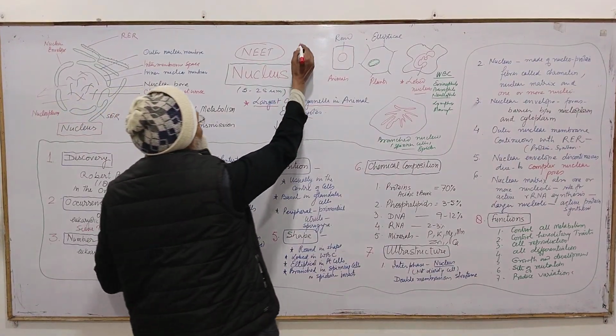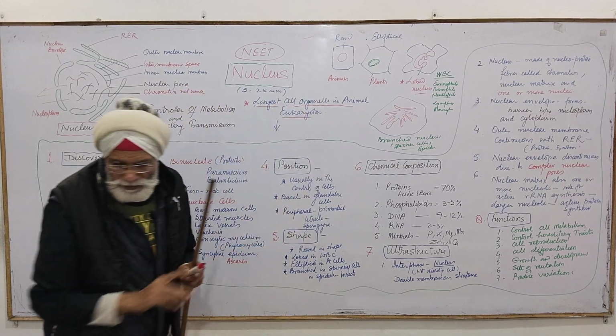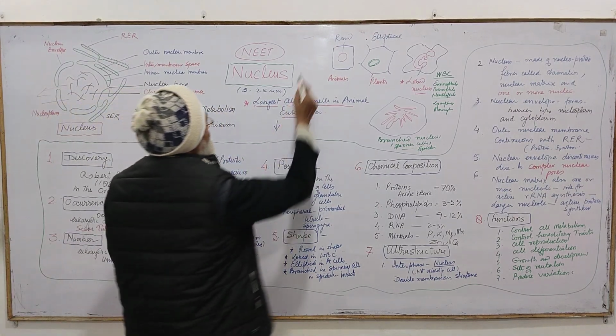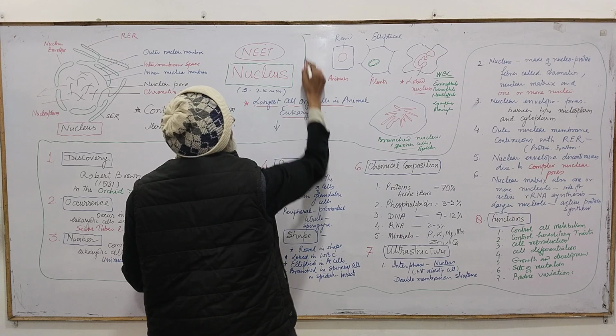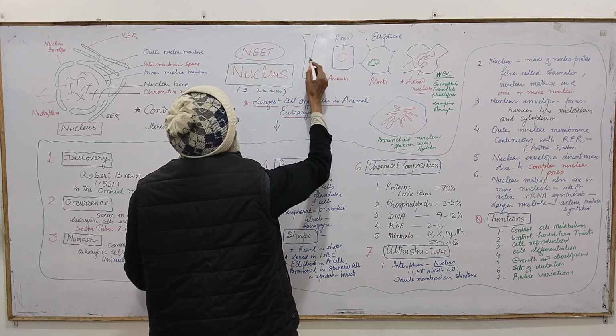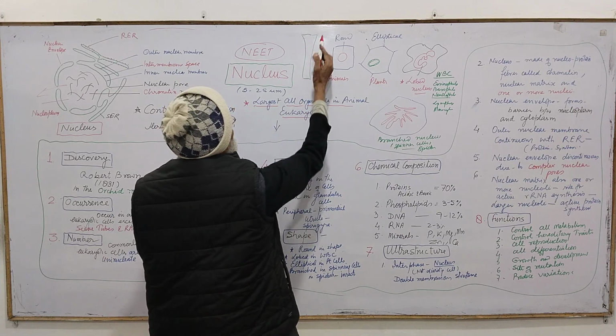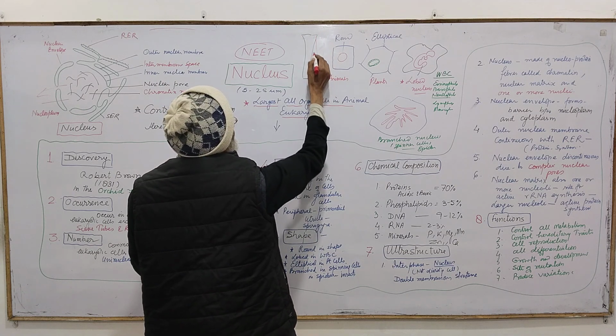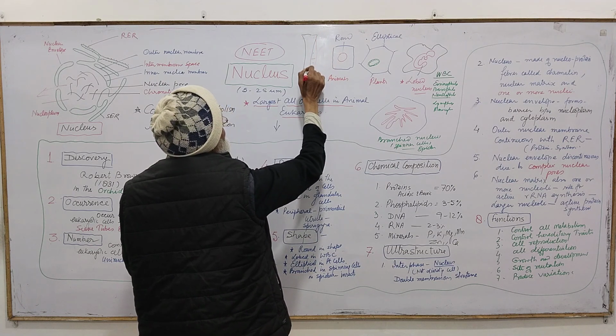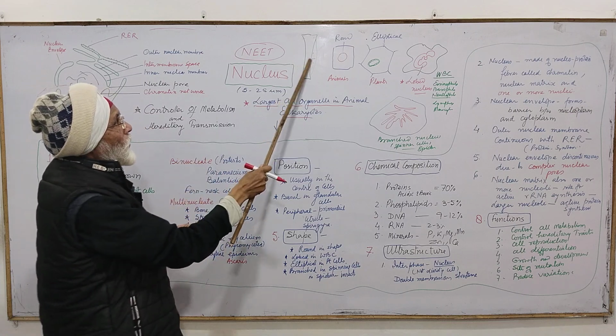If I draw a diagram over here, let me take a green pen. See, here the sieve tube is there. Okay, and now this one is the companion cell, which has a nucleus, but in the sieve tube there is no nucleus.